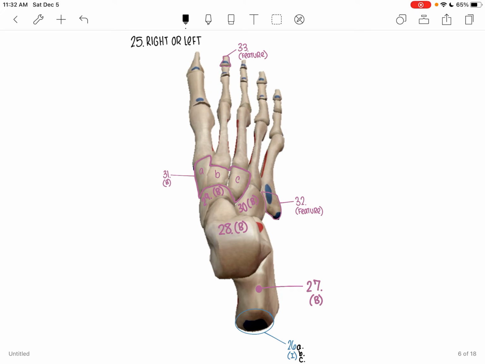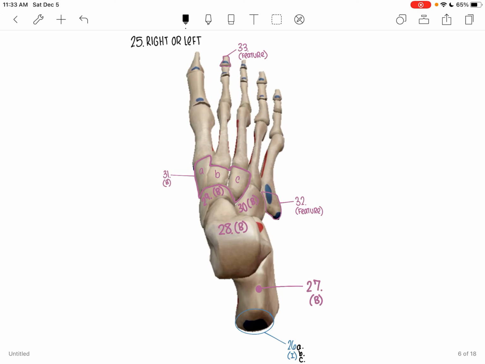And then we have several bone IDs here. 27 through 31, A, B, and C, is looking for the name of the bone. 32 and 33 is looking for the specific feature of the bone. Okay, so go ahead and pause the video and go through those.